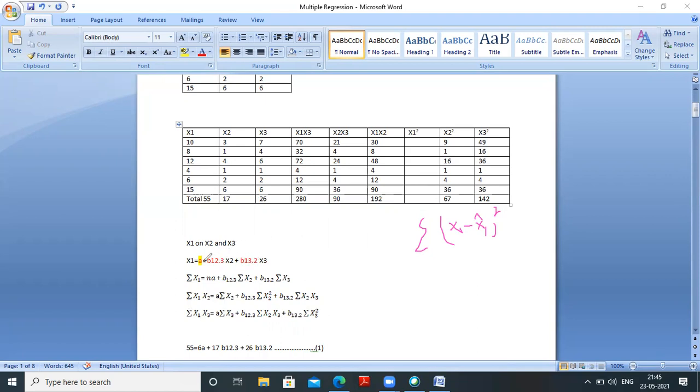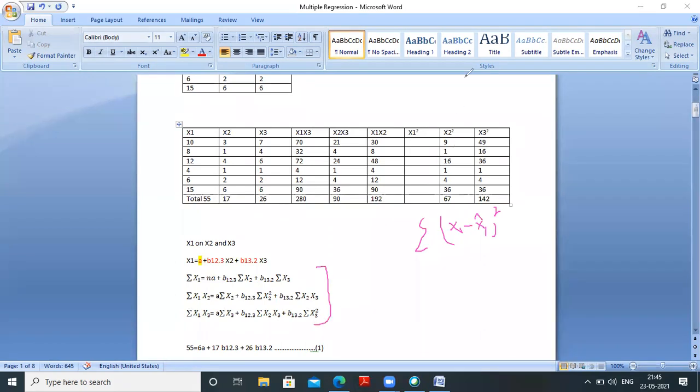That means partial derivatives with respect to a, b12.3 and b13.2, and set them equal to 0. This is the first condition of minimization. By solving these derivatives, we will get these three equations.